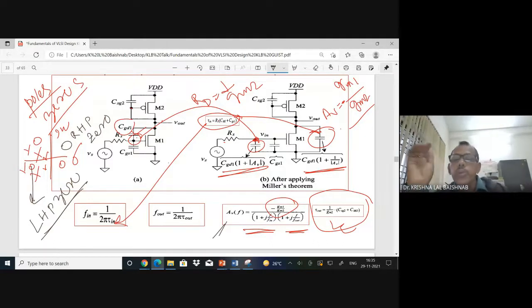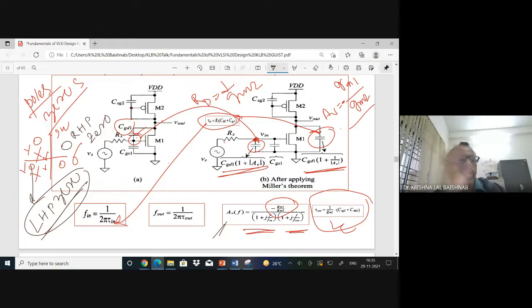But if I apply electrical circuit theory, KVL, over this circuit, then my actual equation comes into the picture, where the zero appears. There are two types of zero, RHP zero and LHP zero. First, I must understand the effect of the RHP zero, why it is coming, or why the LHP zero.